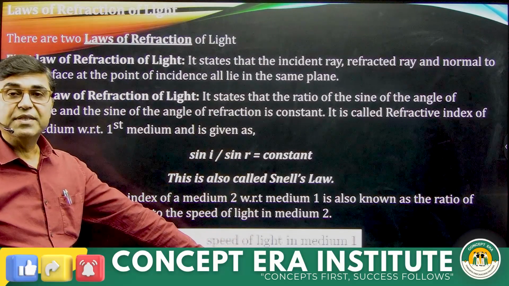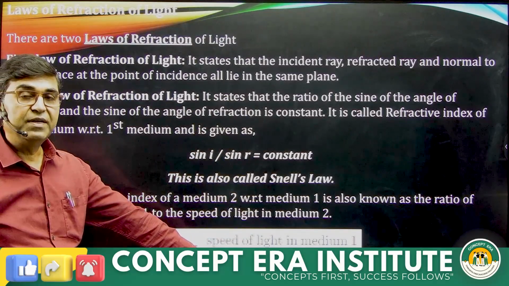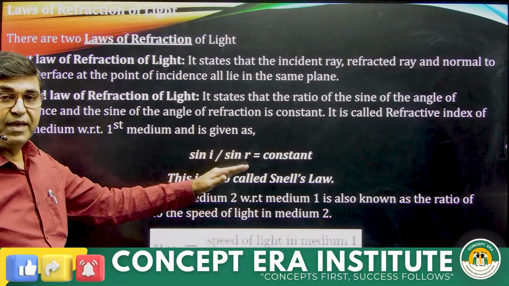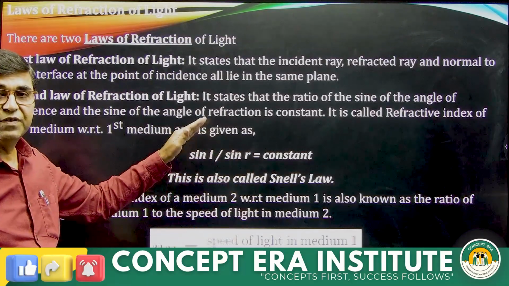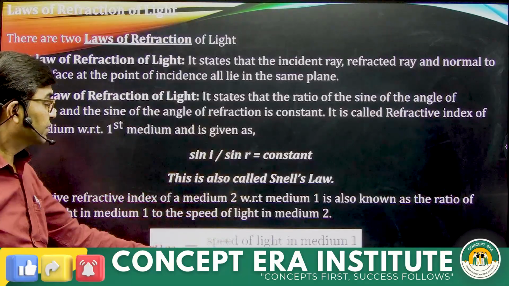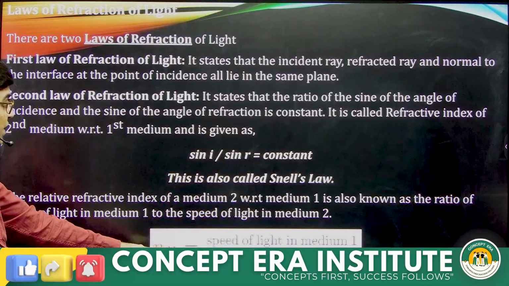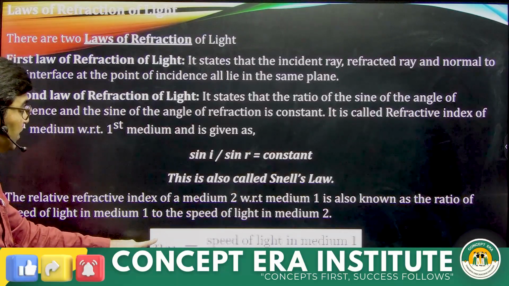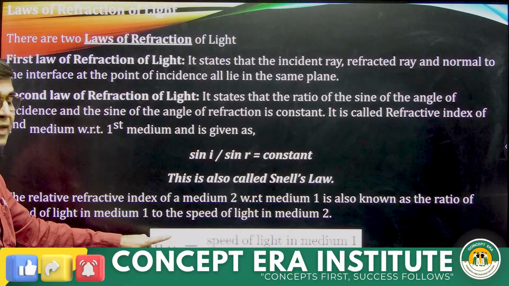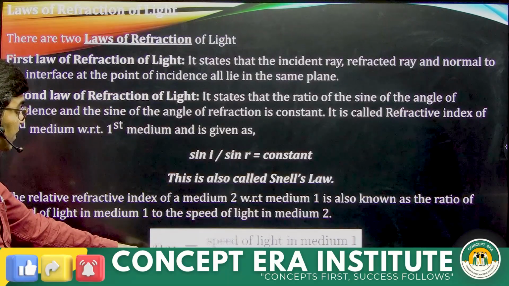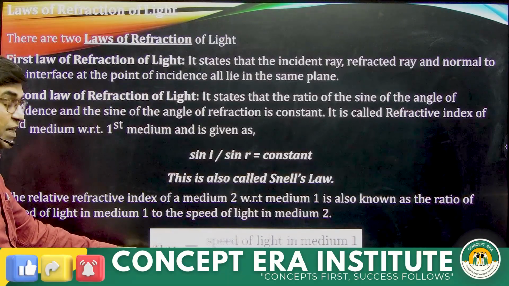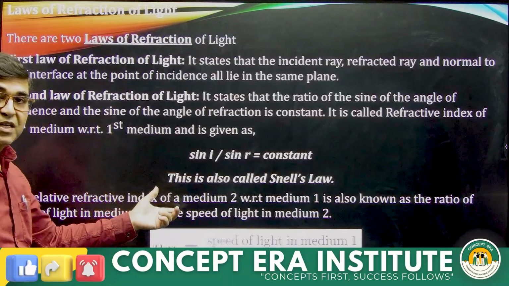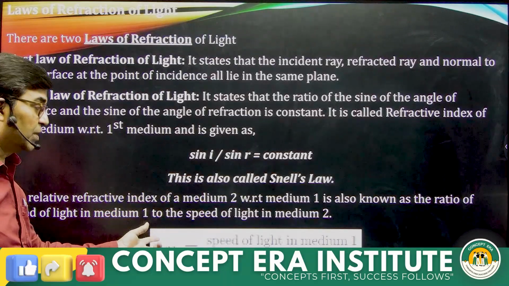There's another method of calculating the refractive index. Suppose the light is traveling from air to glass, air being the first and glass being the second medium. Then we will say that n21 is interpreted as the refractive index of the second medium with respect to the first, and in our example it will be the refractive index of glass with respect to air.